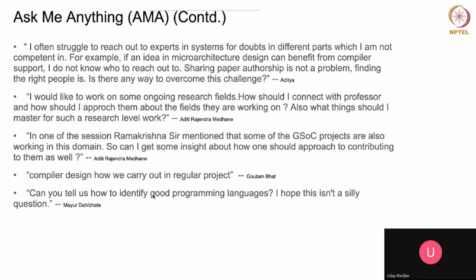I would like to add something to it. It's important to write, but you also have to keep in mind that what you write should be of general interest to the receiver. What helps a lot is if you have done some work on it before, and a bit of homework on what the person is doing. If you ask the person what problems you can work on, then there is a very good chance of getting a response.